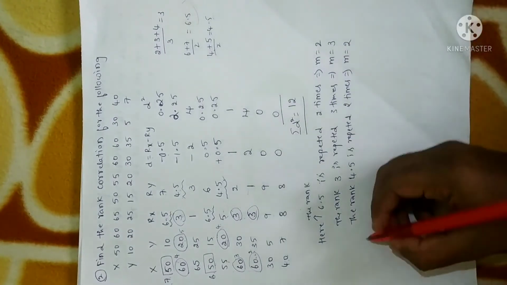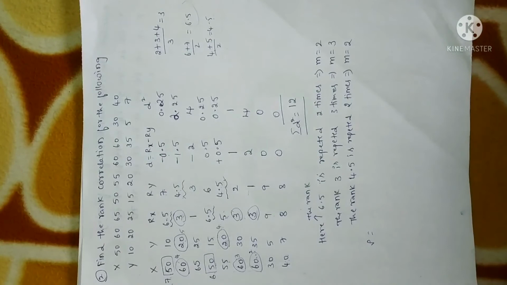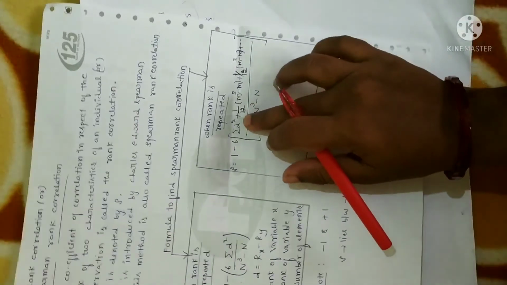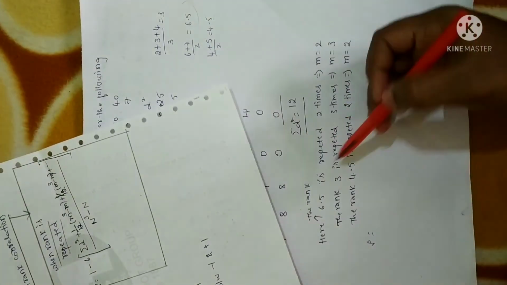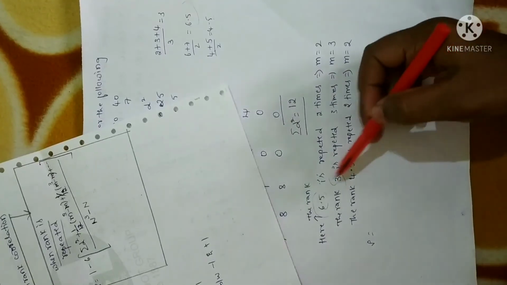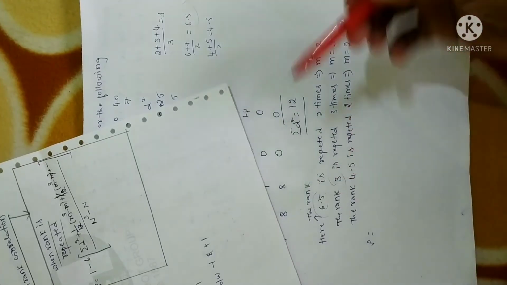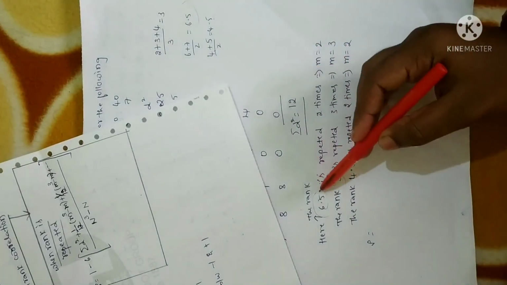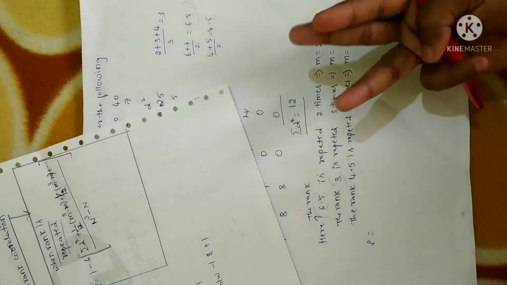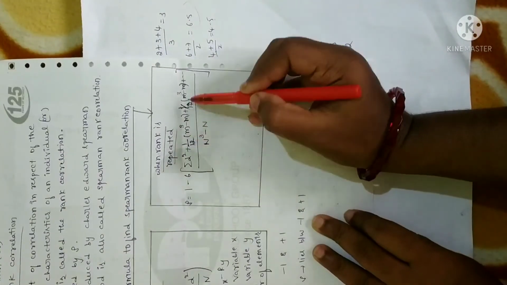Fine. Now you have to write the formula. Make sure of the formula when a rank is repeated. Make sure how many ranks are repeated: 6.5, 3 and 4.5. So 3 ranks are repeated, no matter how many times each is repeating. We have to consider 3 terms.